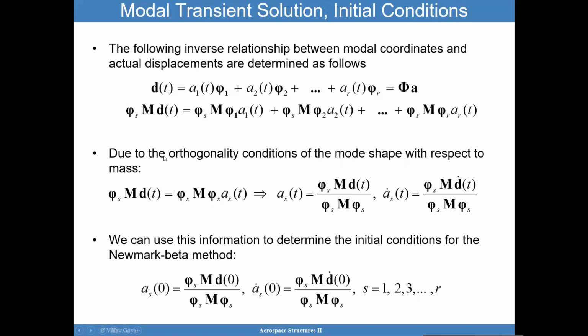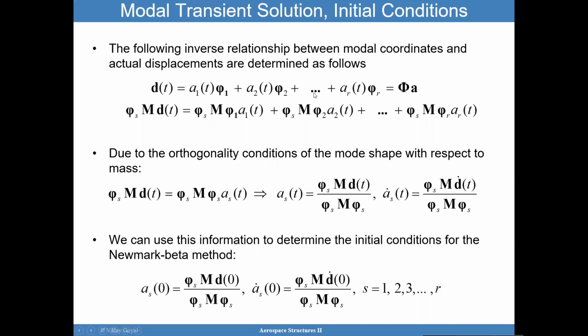And due to the orthogonality conditions of the mode shape with respect to mass, it turns out that this multiplication here is going to be equal to this right here, okay? And so that's a mathematical miracle too.